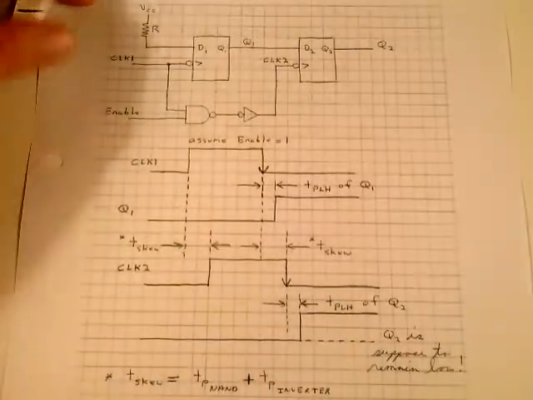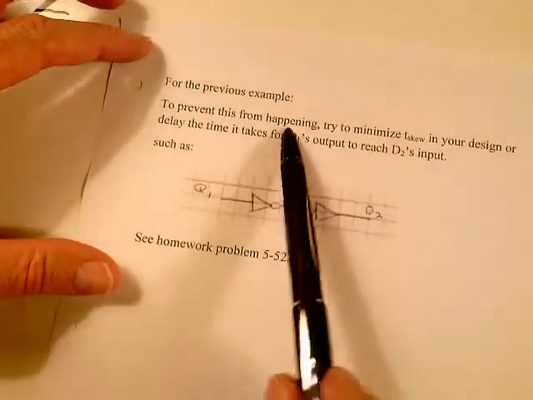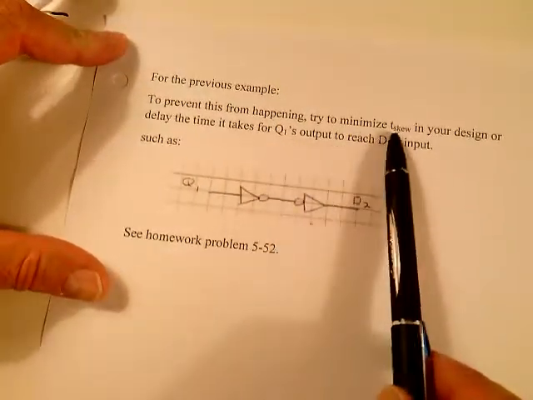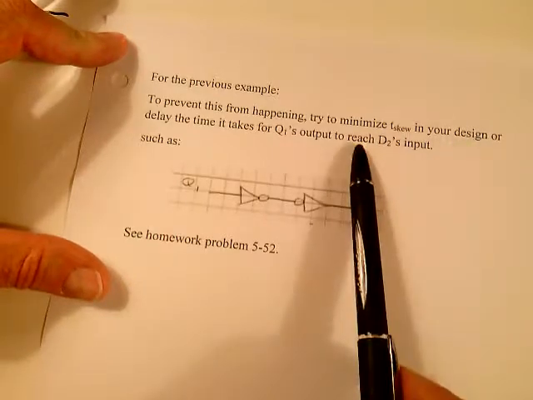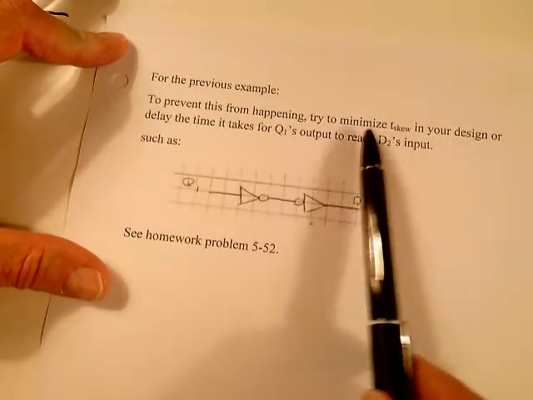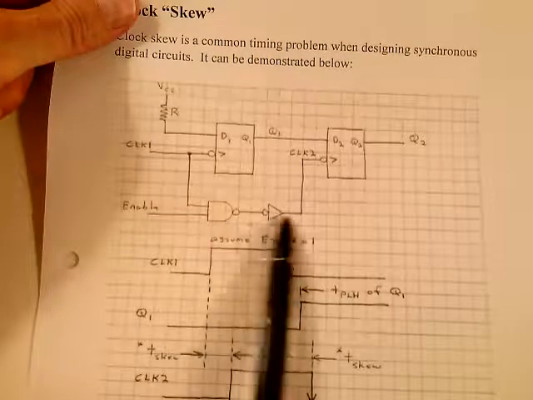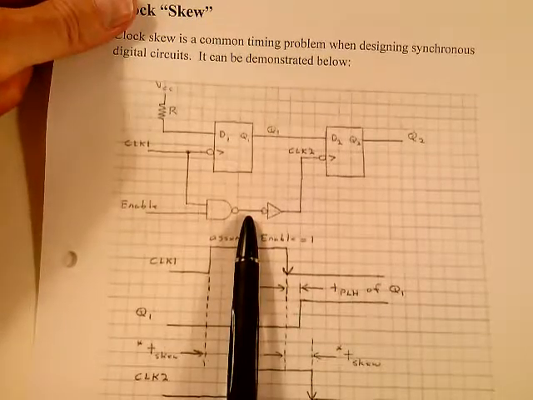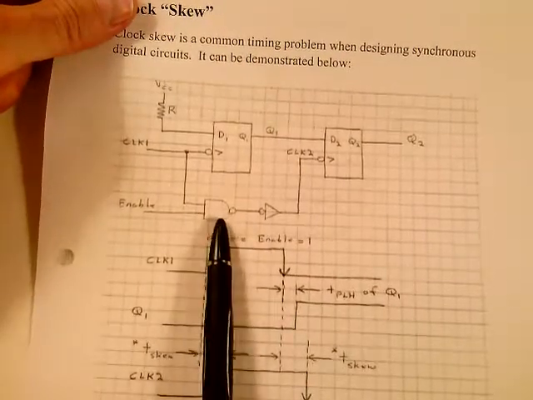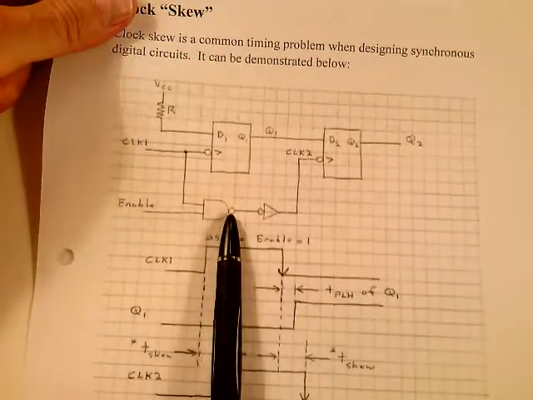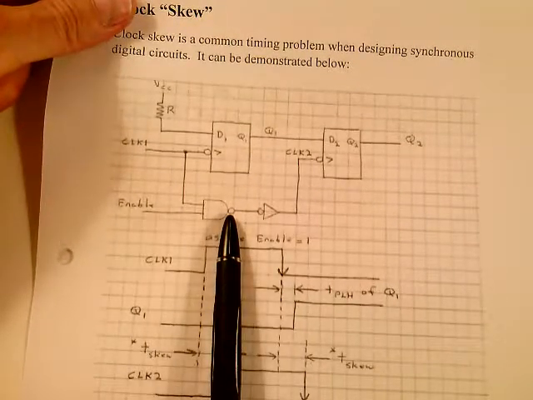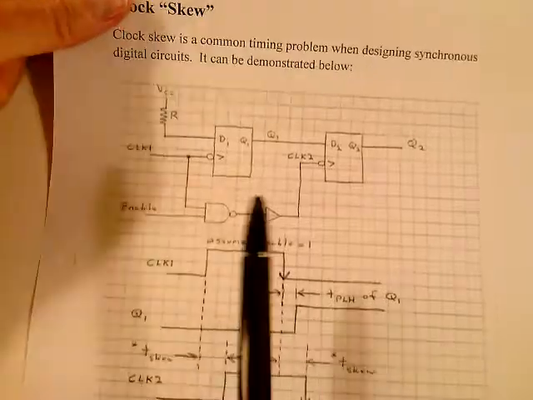What you do to solve that problem, if you look on page 194, is try to minimize the clock skew in your design. You can minimize the clock skew by using faster gates down here, such as some high-speed CMOS or some ALS, advanced low-power Schottky, or AS, advanced Schottky devices, which might speed it up a little bit.